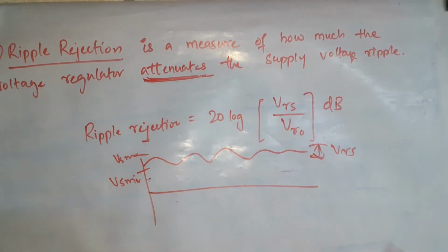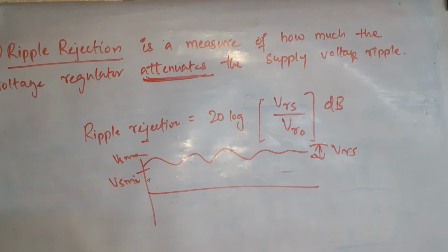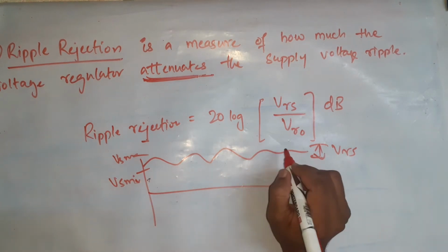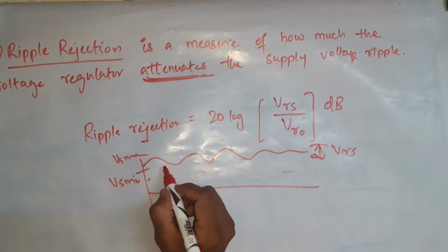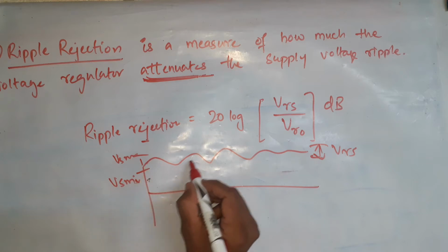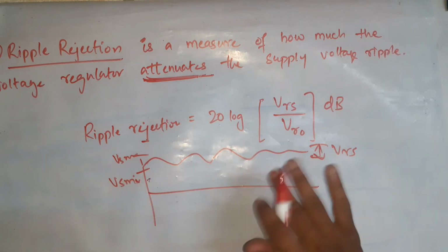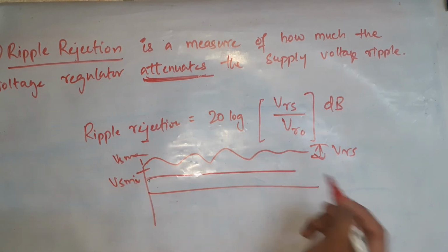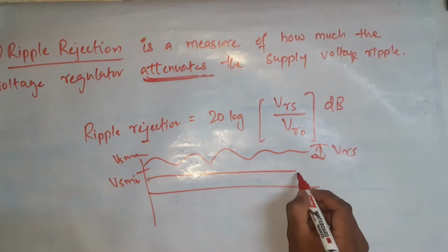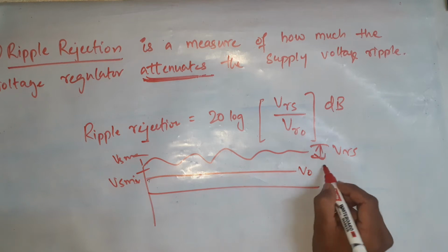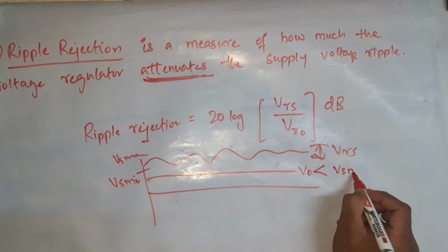It will reduce your output, but here it doesn't mean it will reduce your V0. It acts in such a way that these moving ripples will be clipped off, and it will maintain a constant voltage. That is why your V0 will always be less than your Vs minimum.